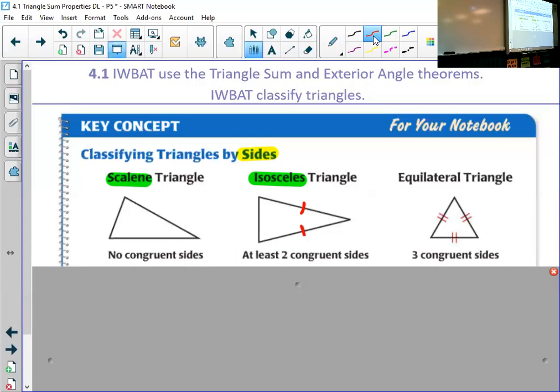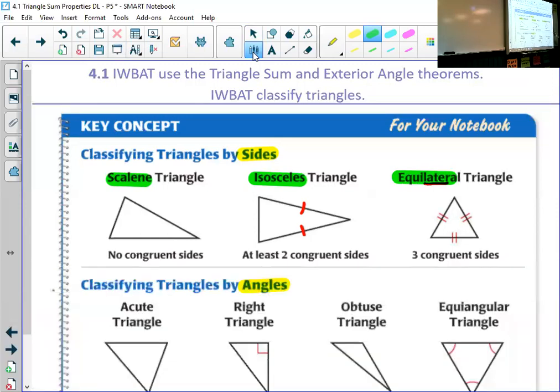And then finally, equilateral, where lateral means side, we have all sides the same, so it's an equilateral triangle. So that's how to classify triangles by sides.